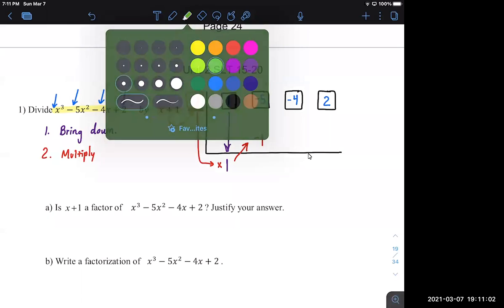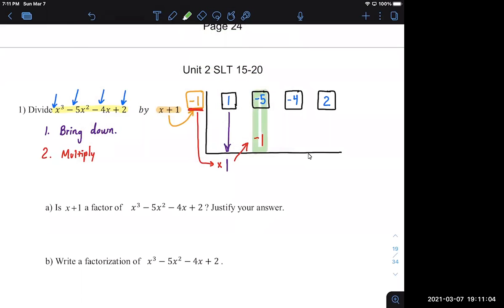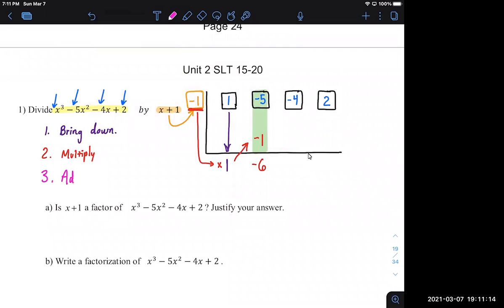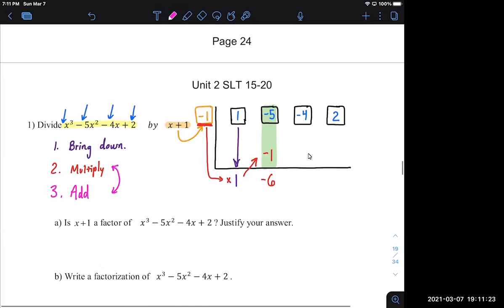Then we add them together. Negative 5 plus negative 1 is negative 6. So that third step was add. And you repeat the multiply and add steps until you're out of numbers. So I'm going to then multiply negative 1 times negative 6, and we get positive 6.